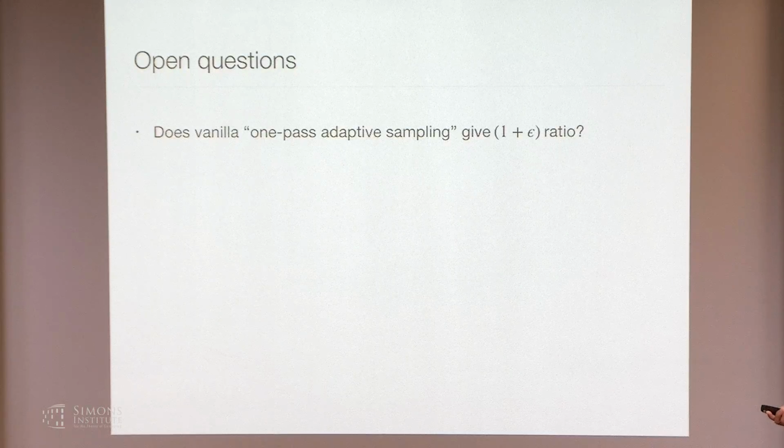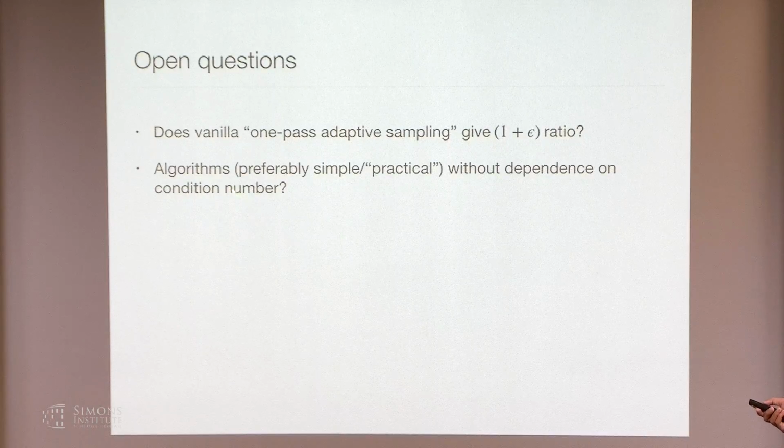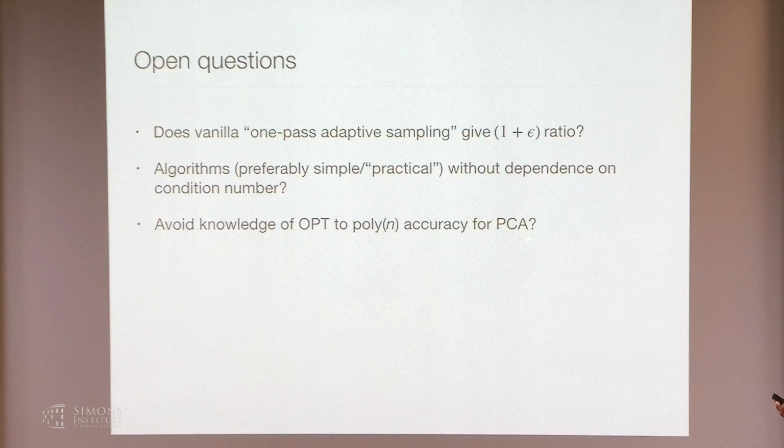Okay, so there are a bunch of open questions that came up during the talk. The first is whether this one pass adaptive sampling, the very basic algorithm inspired by Meyerson, itself works. This we don't quite know. The other thing is, are there algorithms without any dependence on these condition number parameters, at least for the case of PCA?